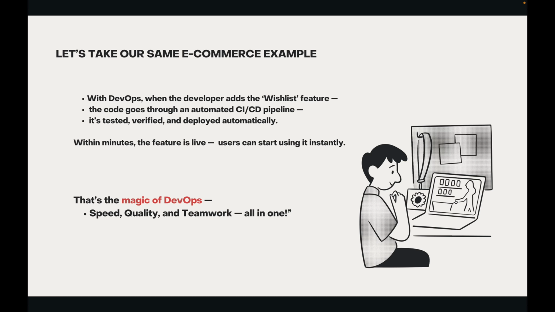And the benefit you are getting with DevOps is speed, quality, and teamwork all in one, because now both teams work together, and everything works according to protocols with the help of DevOps. So there is no argument, there is no manual mistake, and this is the real magic.